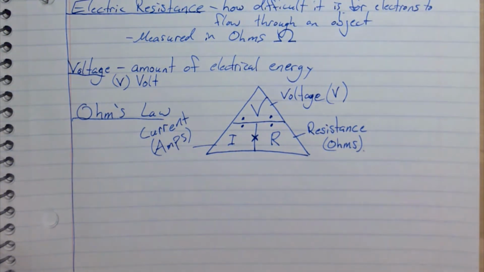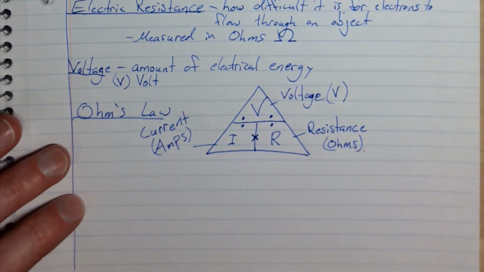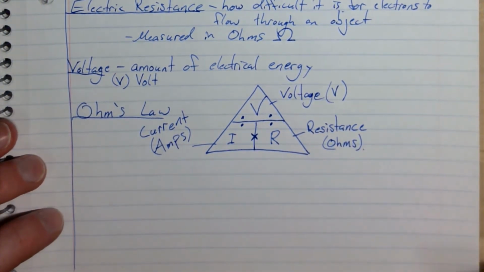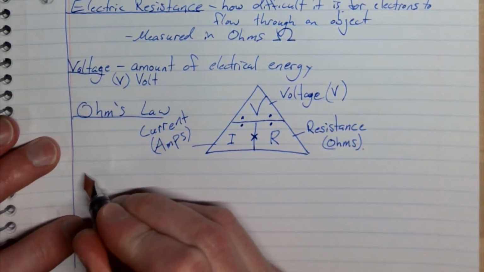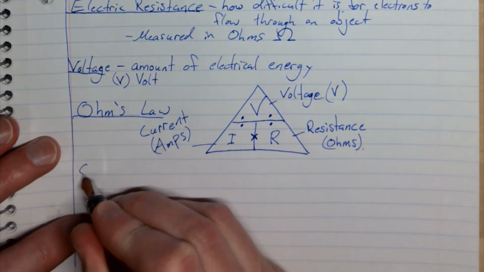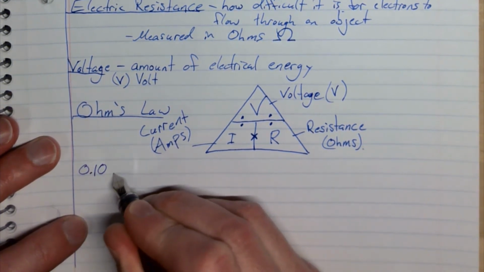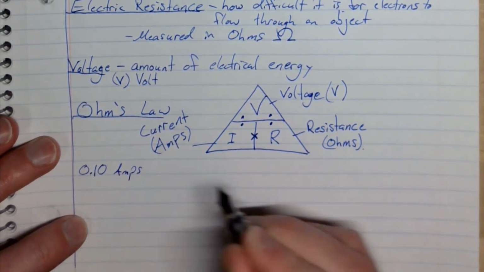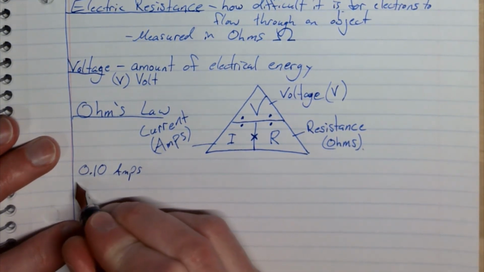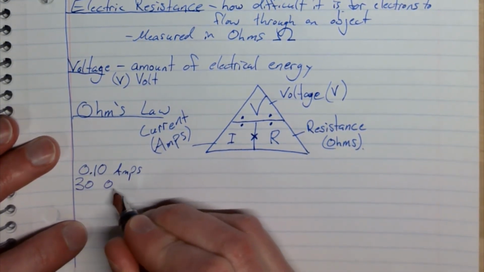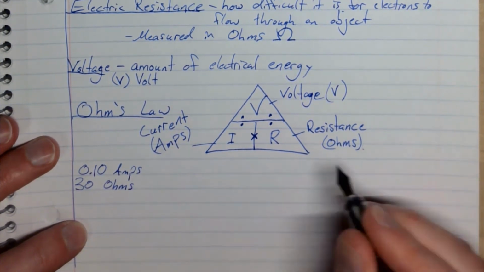So for example, you're going to have to do an example. If I have something that has 0.10 amps and 30 ohms, I would just plug that in.